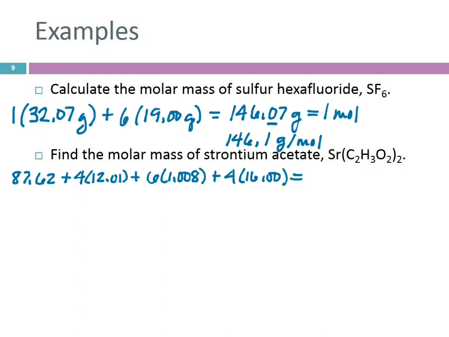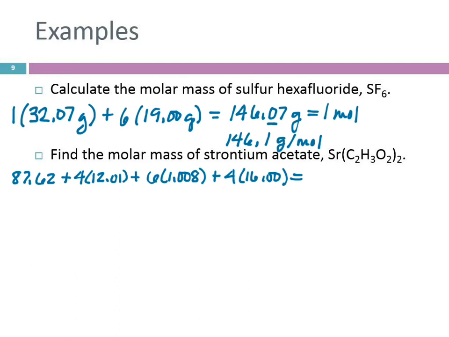Now, when you look at different periodic tables, they may have different numbers of significant figures listed on them. Most of these we know to more than the listed number of significant figures, but just use whatever periodic table you have. Use all the digits that it gives you.